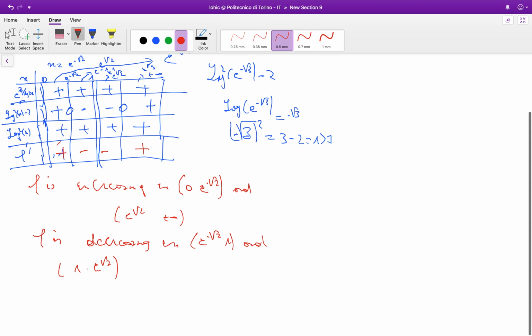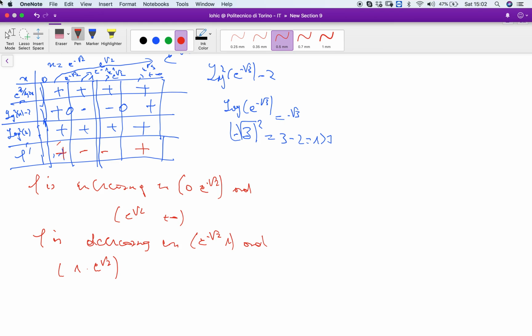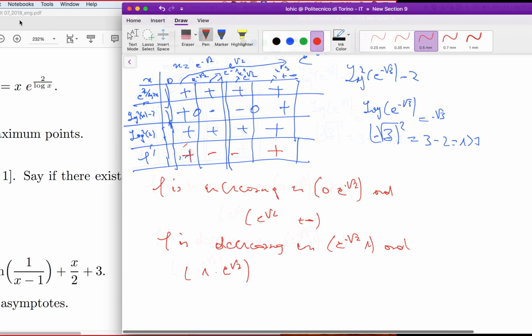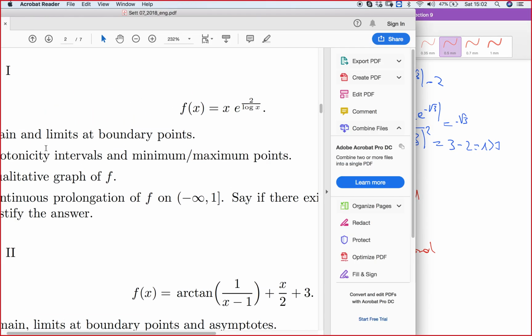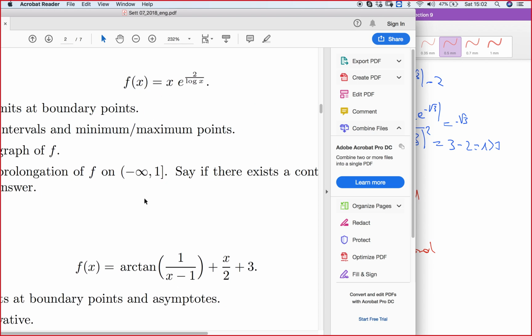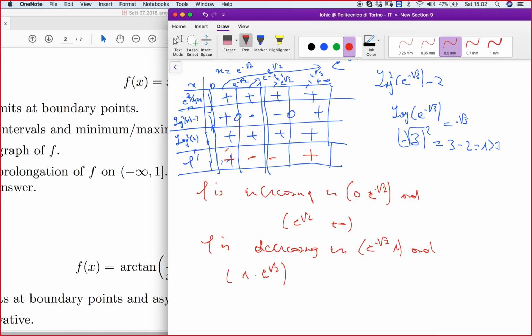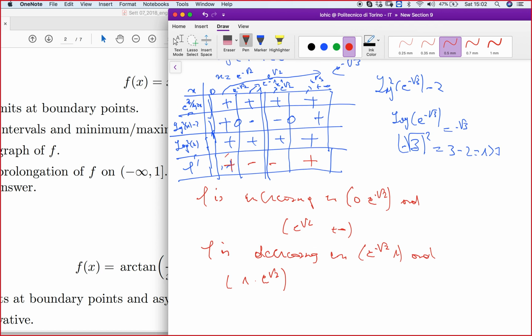Now we continue the exercise, and we go back to the PDF to see what the next question is. Okay, first maximum and minimum points.